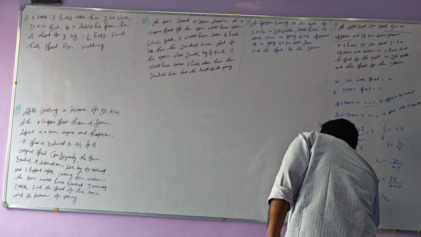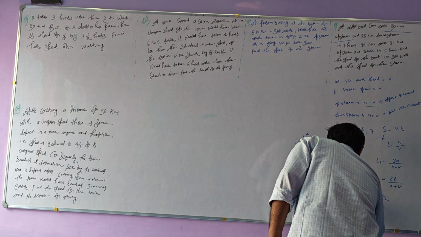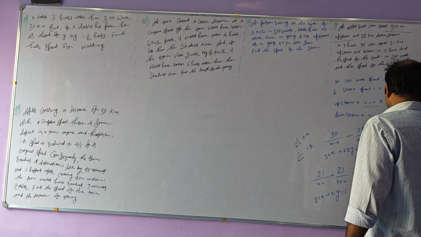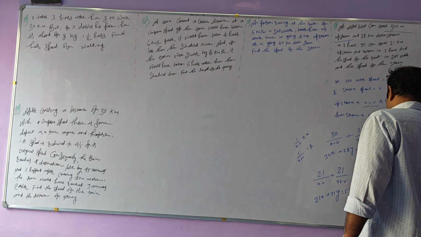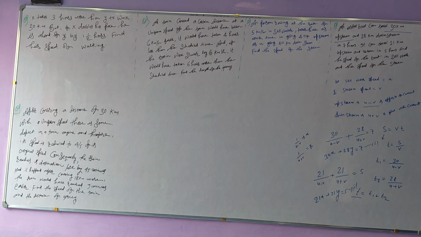Now the equation becomes 21x plus 21y is equal to 5. And we have two equations, equation first and equation second, and when we compare both equations, we get the result of x and y.